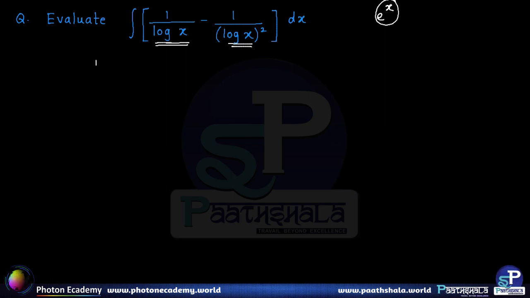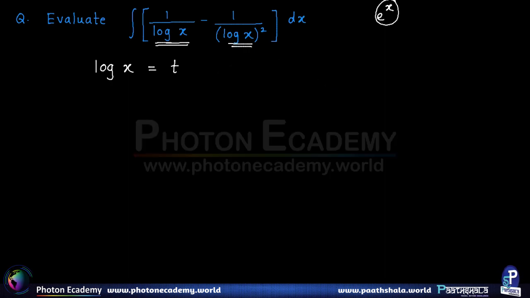So what if we substitute log x with another variable t? If log of x is t, then it means x is nothing but e raised to t, isn't it? So we are precisely substituting x with e raised to t. On differentiation we get dx is nothing but e raised to t dt.